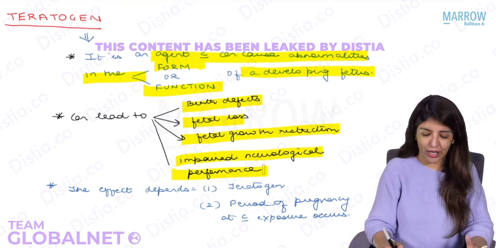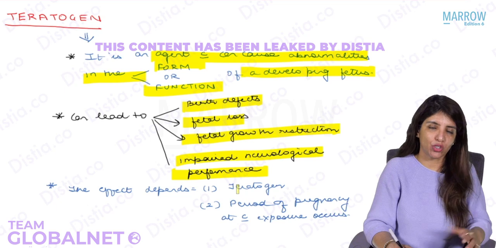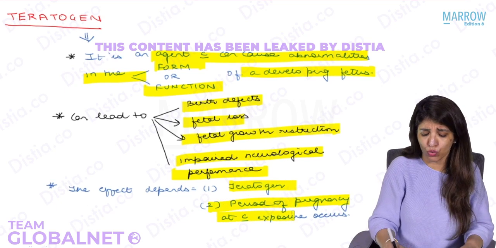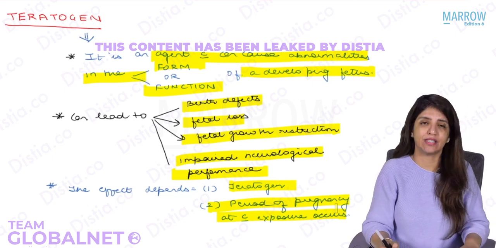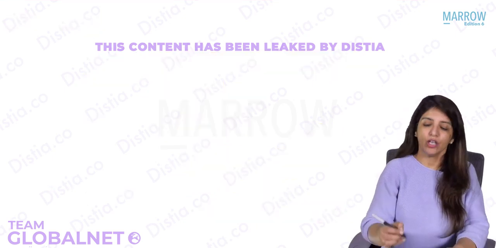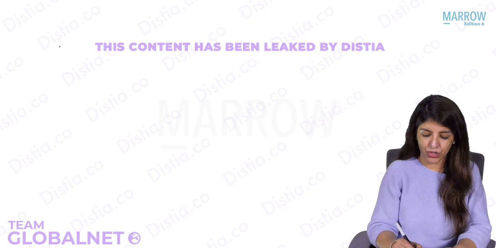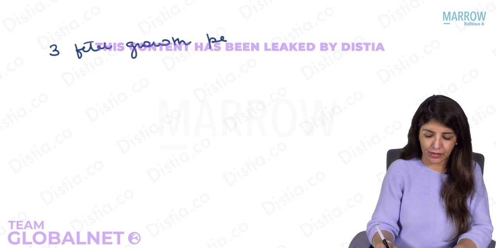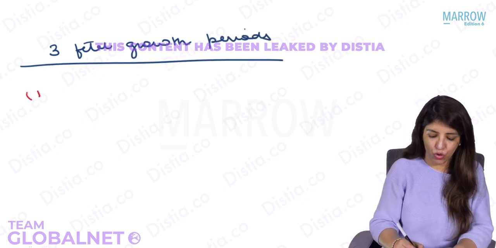Now, the effect of the teratogen is going to depend on which teratogen is there. And it is also going to depend on the period of pregnancy at which exposure happens. If you remember, in the earlier videos, I had told you that the entire duration of pregnancy is divided into 3 fetal growth periods. The first period was the pre-embryonic period.